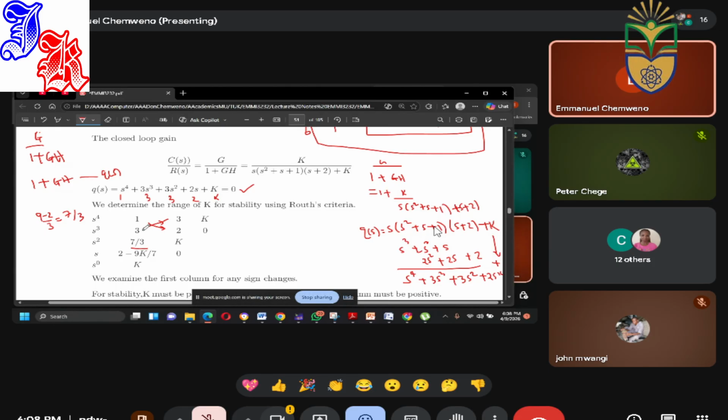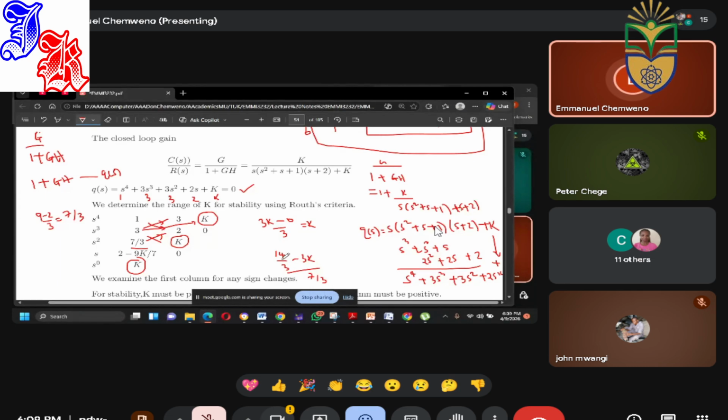Now, the next is 3K minus 0 over 3, which is equal to K. You should be able now to know the pattern, K, K, K. Finally is 14 over 3 minus 3K over 7 over 3.